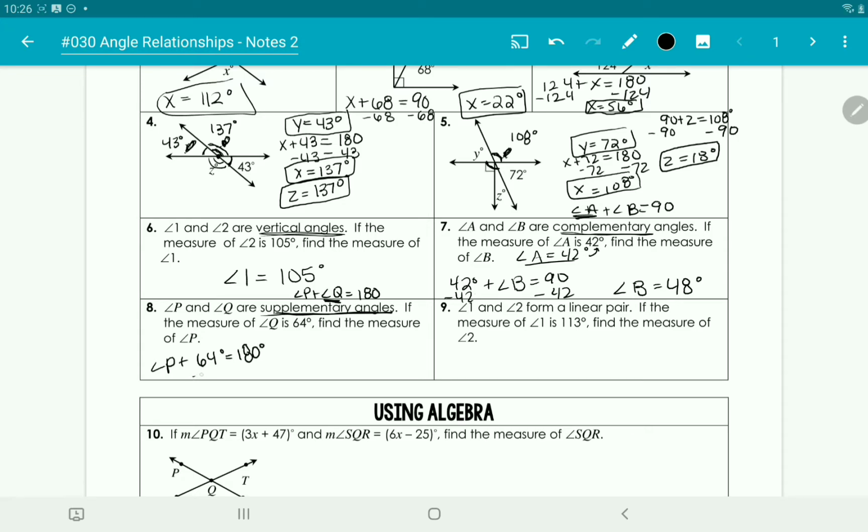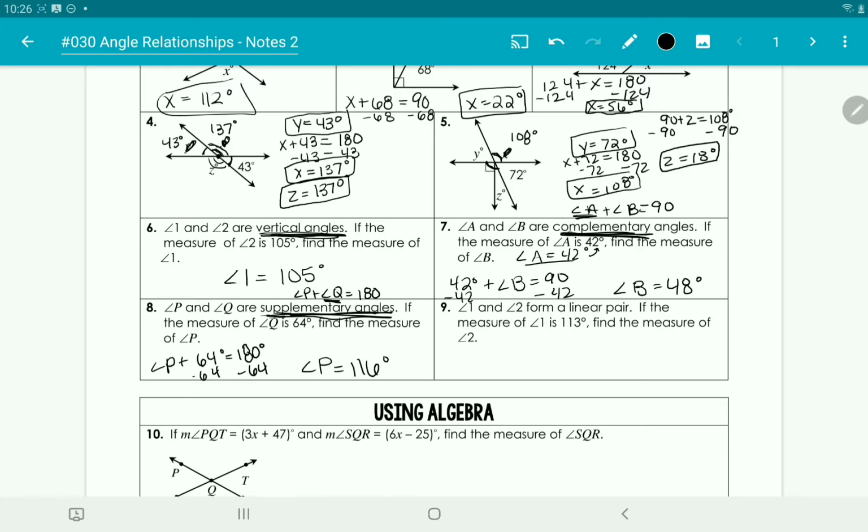We can solve for angle P. Subtract 64 from both sides. That's going to give us that angle P is 116 degrees. So because they're supplementary, they add to 180. On this one, because they're complementary, they add to 90. On this one, because they're vertical, they are equal.